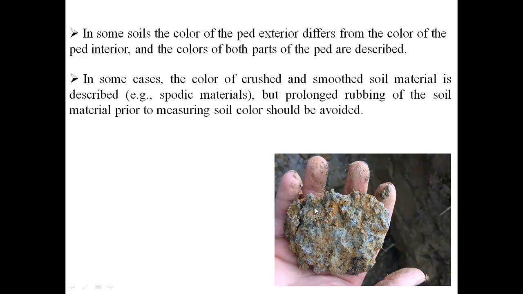This is the exterior color we can see, but if you break this ped or mottle, you can see a different color. The color variations will be different. Sometimes crushed or smooth small materials will be there. Those are called sporic materials.